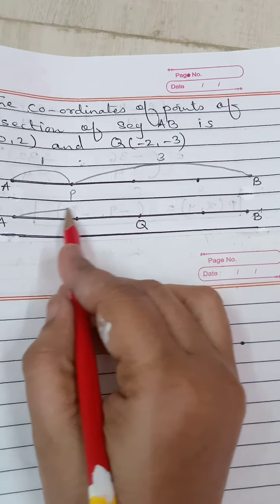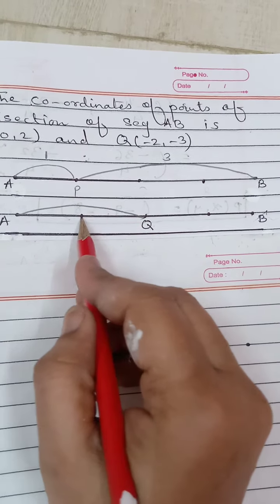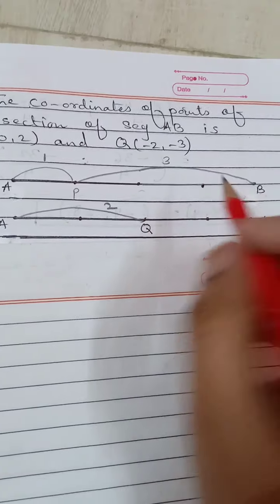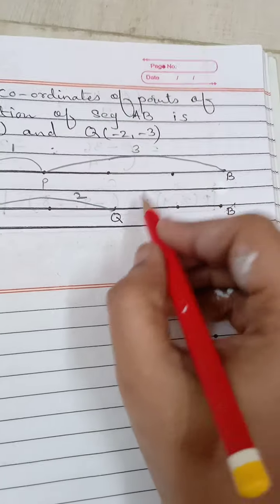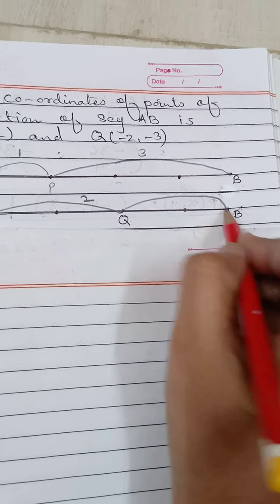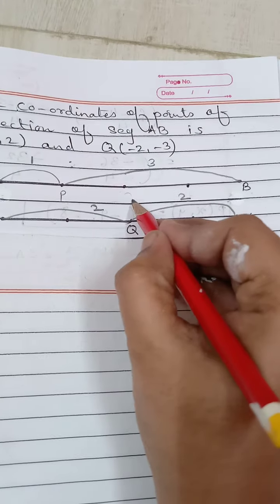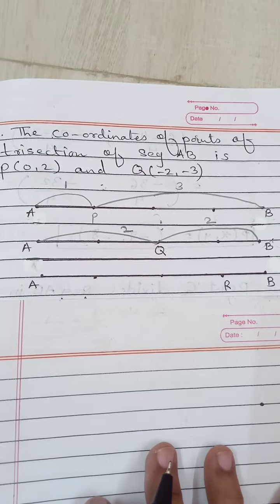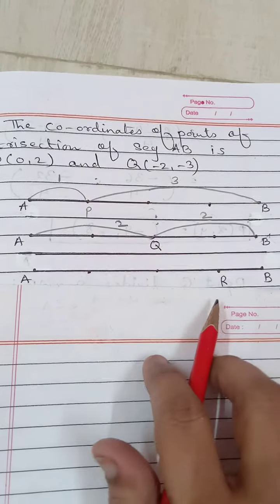So A to Q, if we see, 1, 2. How many sections? 2 sections. Then from Q to B, how many sections? Again 2. So we can take the ratio as 2:2. In the same way I will explain for point R. So I will take here 3 points P, Q and this will be R. So I will take point R here.